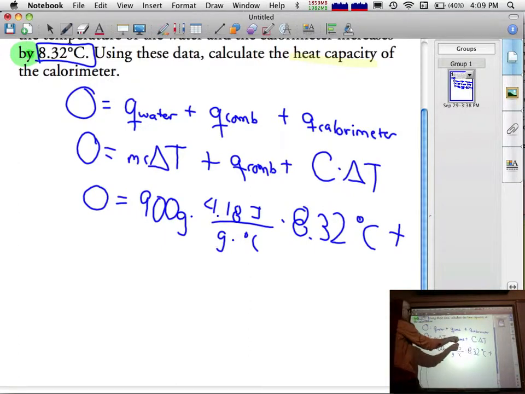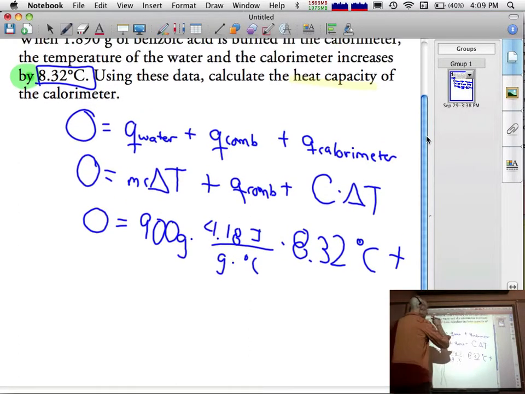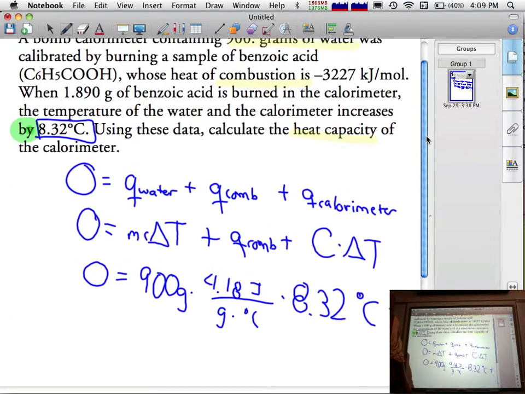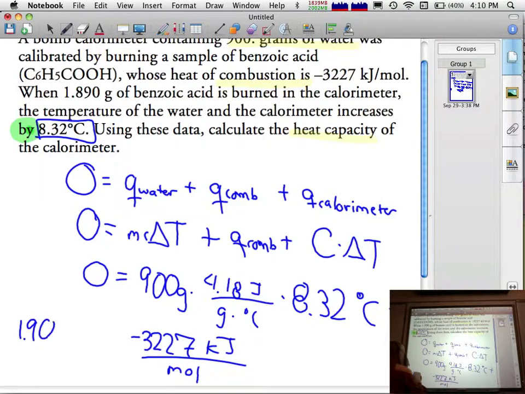our Q combustion thing. Okay, so I believe we're given the delta H for the reaction, and we know how much benzoic acid we have here. So negative 3,227 kilojoules per mole. And actually, sorry, I should have started off by writing 1.90 grams of benzoic acid. So now I need to go from grams to moles.